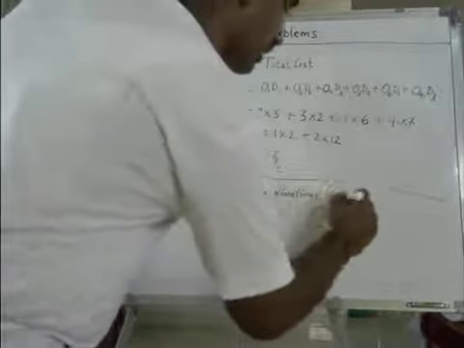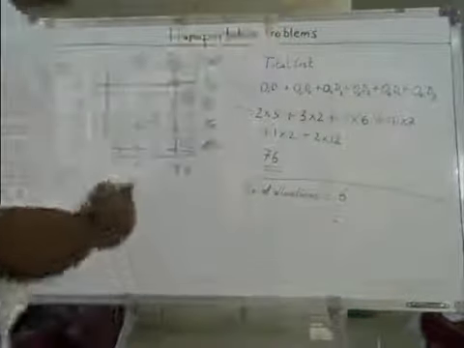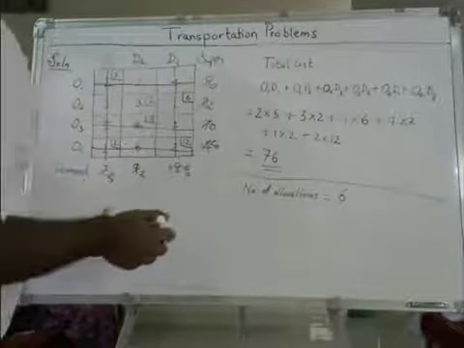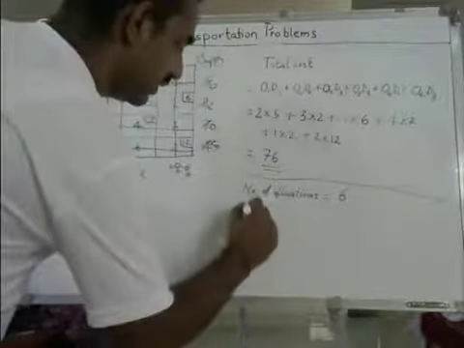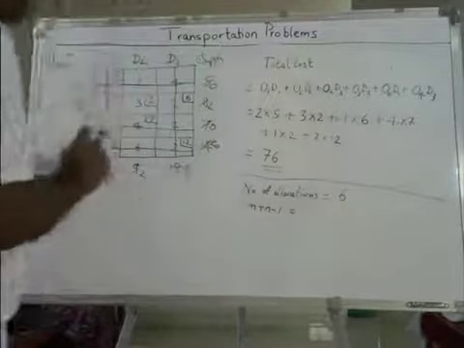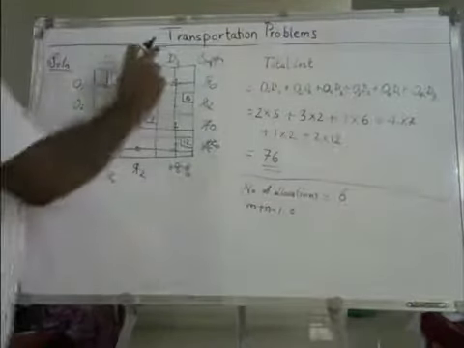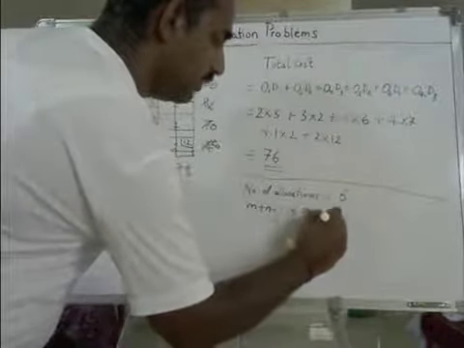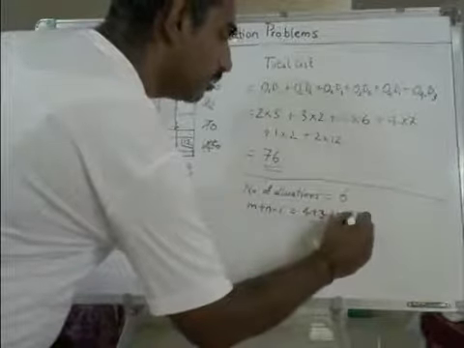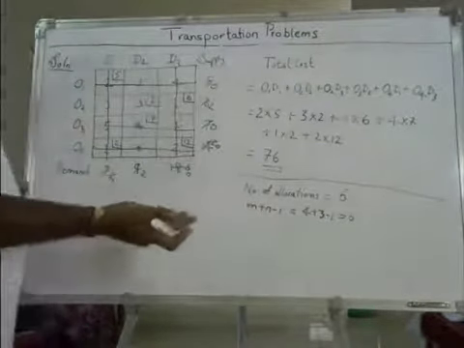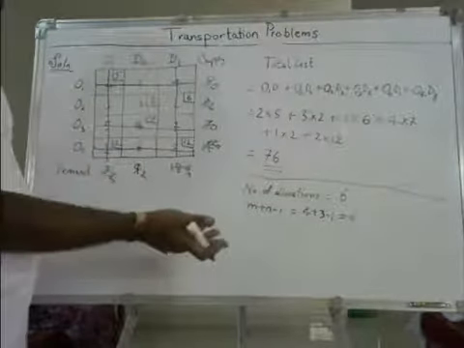Total number of allocations are 6. And if we try to do the equation, that is m plus n minus 1, we had 4 rows and 3 columns, that is 4 plus 3 minus 1 is equal to 6. Both the number of allocations and m plus n minus 1 are 6.